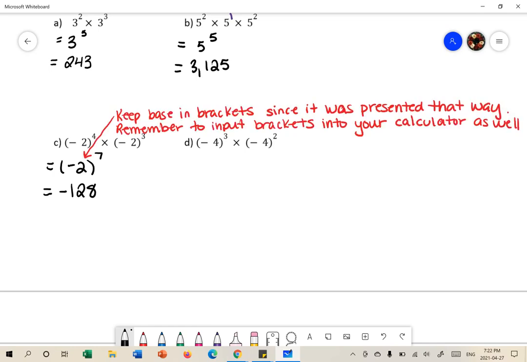And finally, negative 4 to the power of 3 times negative 4 to the power of 2. So negative 4 is my base. 3 plus 2 is 5. And then typing that into my calculator, bracket negative 4 close bracket, exponent 5 is equal to negative 1,024.